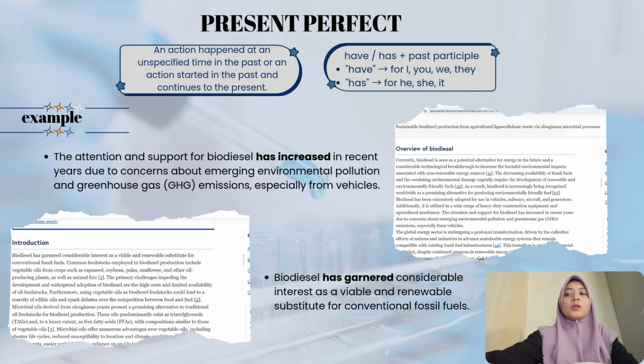For example, the attention and support for biodiesel has increased in recent years. So here the verb has increased shows the present perfect tense because it matches the structure for present perfect.